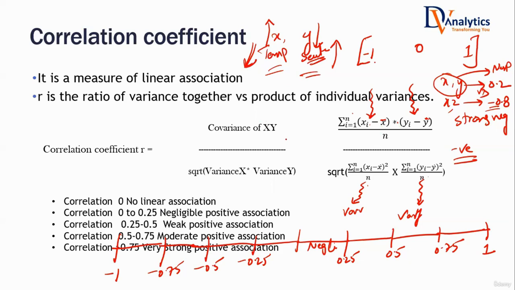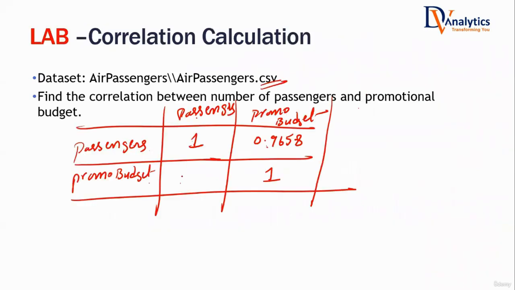Only 2 variables. That's why correlation can be found only between 2 variables, x and y, or y and x. Correlation between xy is the same as yx. Now this indicates that there is a strong positive association between these 2 variables.